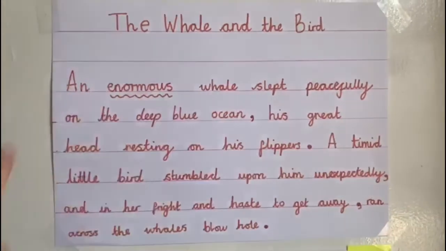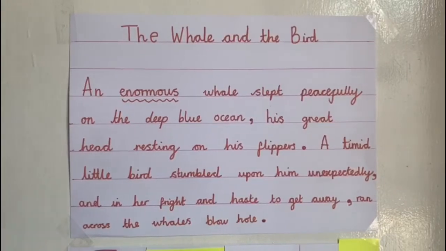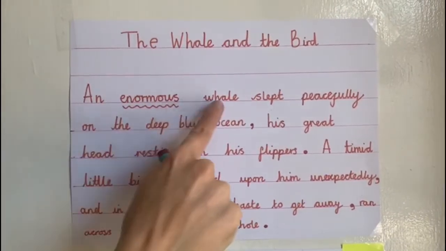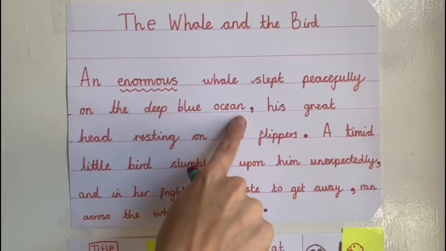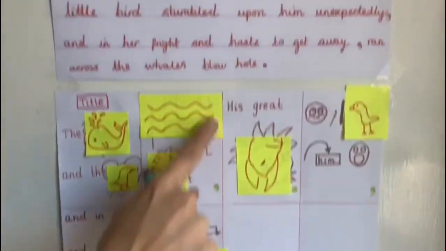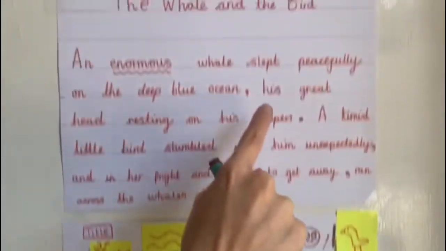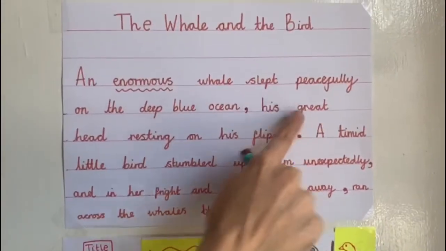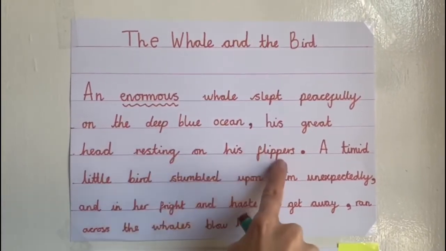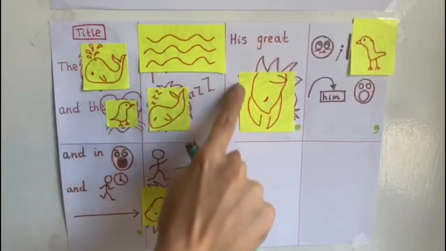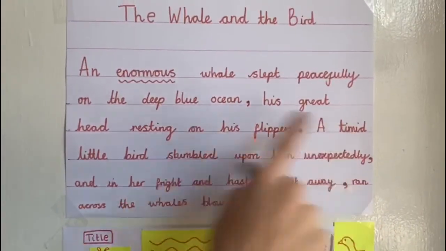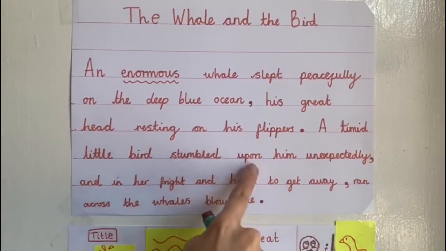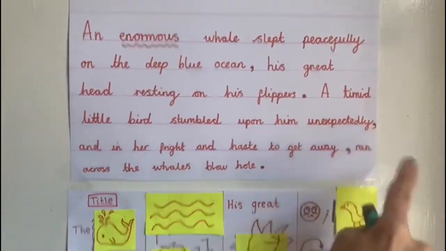Now we're just going to read that back to check for any mistakes. An enormous whale slept peacefully on the deep blue ocean. That's all good so far. Comma. His great head resting on his flippers. Okay, we've got a full stop at the end there. A timid little bird stumbled upon him unexpectedly.